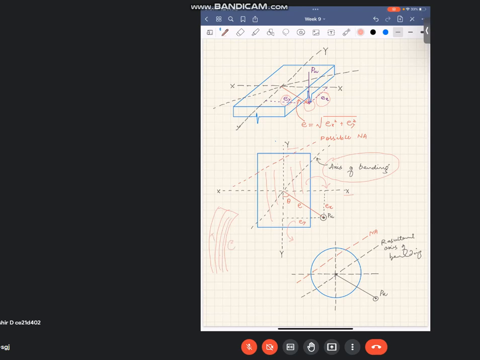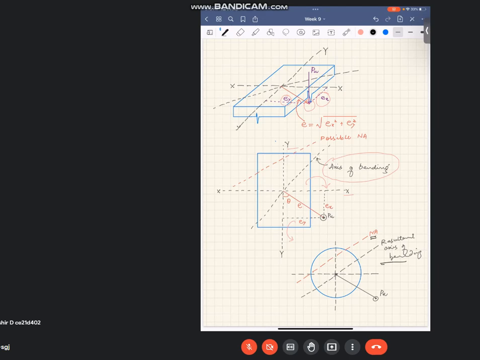The same is the case here. So the possible location of the neutral axis will be like this: this side will be in tension and this side will be in compression. In a circular column we can also have the same thing: the resultant axis of bending will be like this, and you will have a possible location of the neutral axis like this.